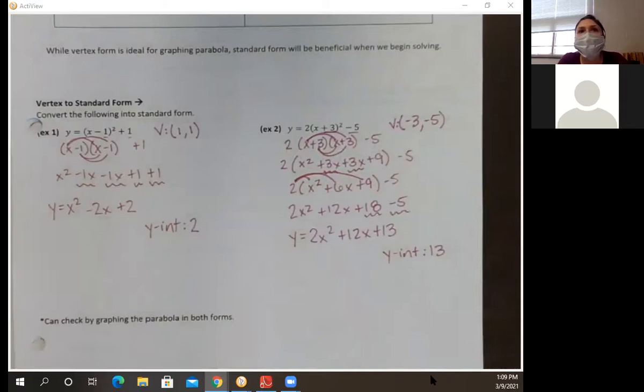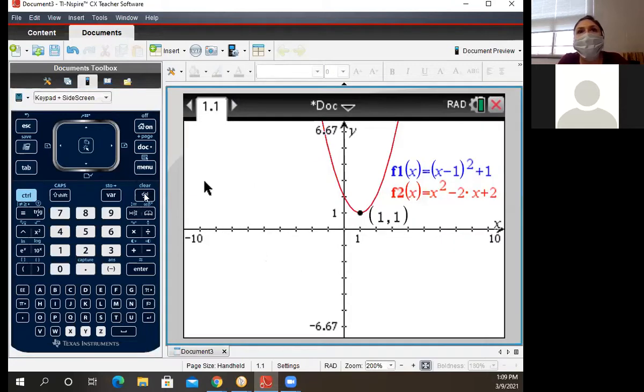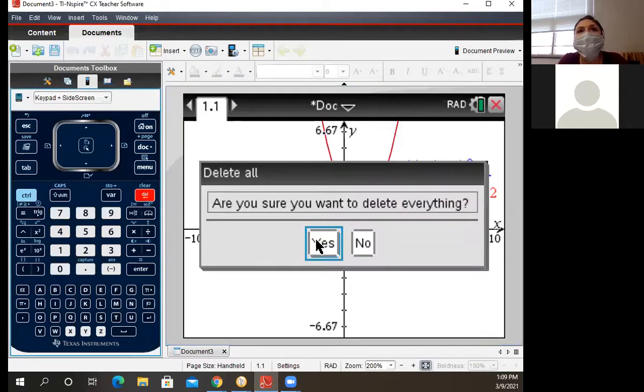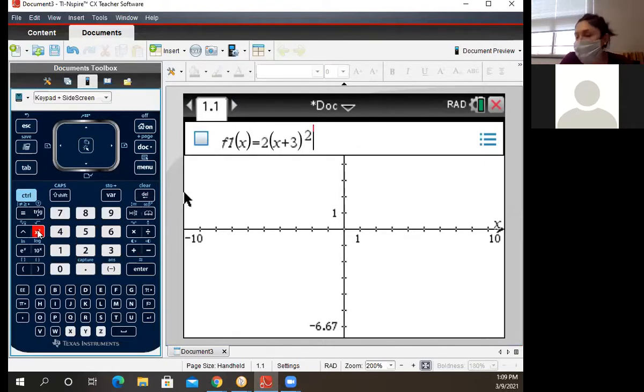Now let's head on over to our calculator and check this. I'm going to put my table away and get rid of these graphs. And we'll graph, again, our vertex form, what we had on our paper originally. So 2 times x plus 3 squared minus 5.